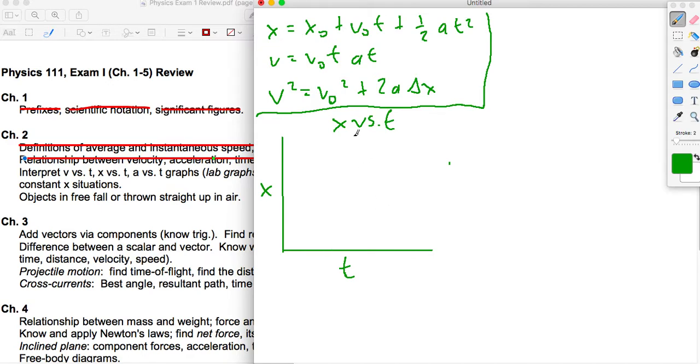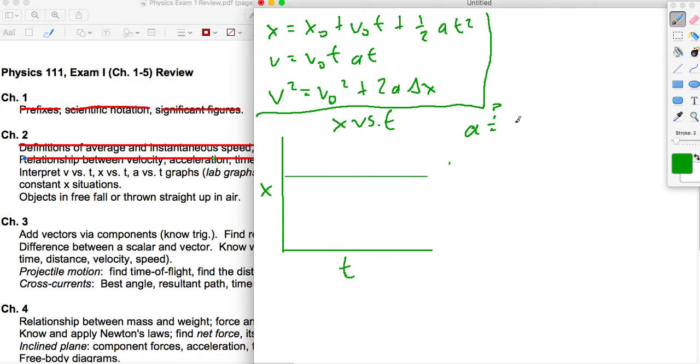Now, if you see a graph that's, for example, a line, that was a terrible line, I apologize for that. If you see a line on an x versus t graph, the professor may ask you, what's the acceleration of this graph? And then you would have to know.